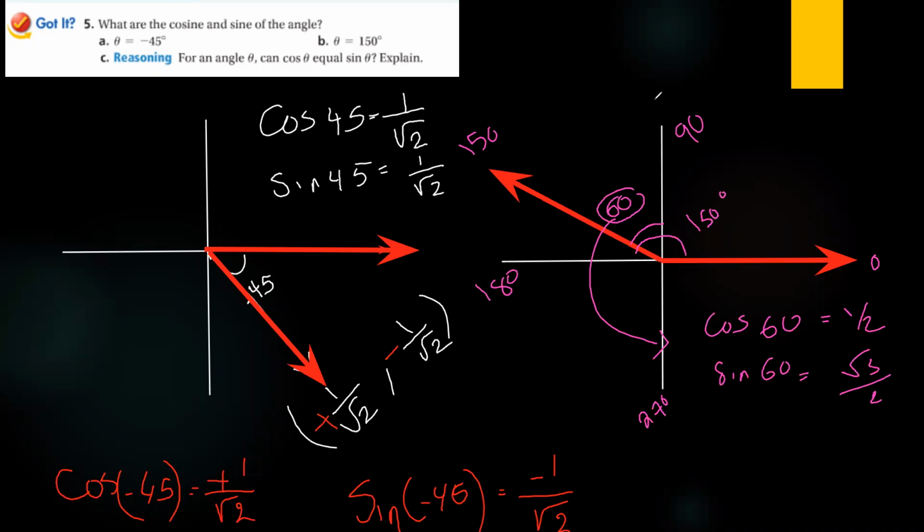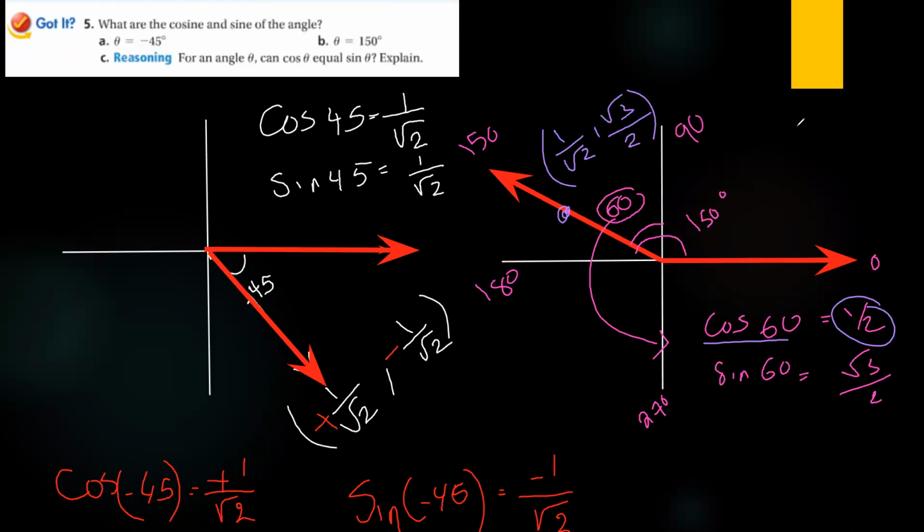Okay, teacher. And then here, I found the cosine is 1 over square root of 2, and the sine is square root of 3 over 2. These are now the coordinates. Now I need to check which is positive and which one is negative.